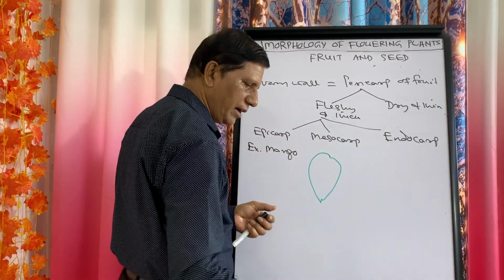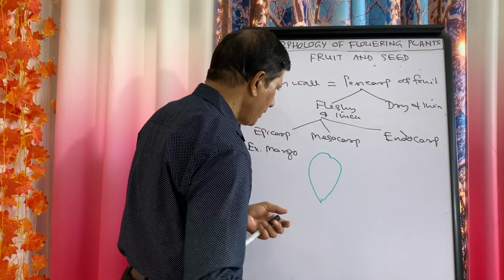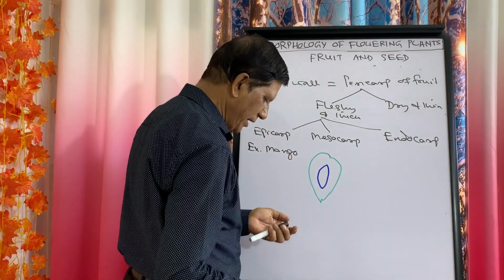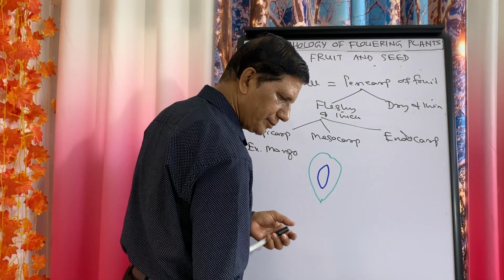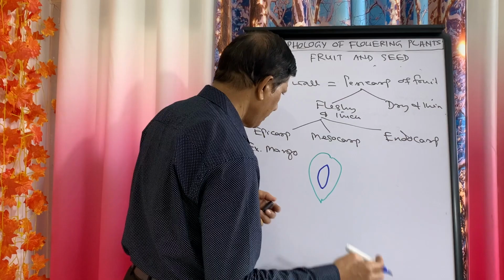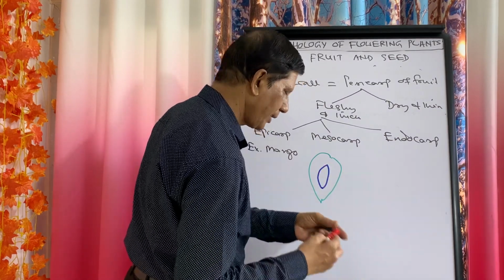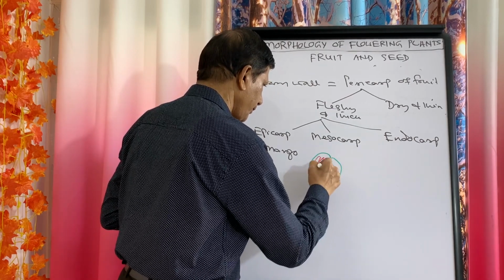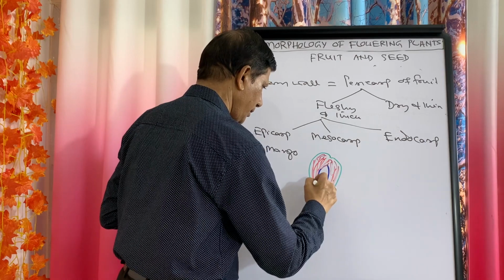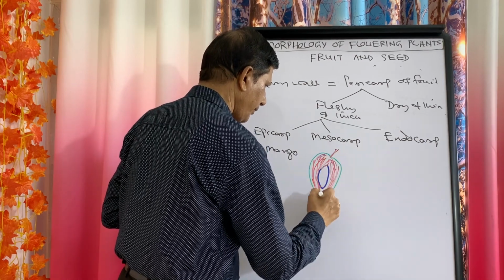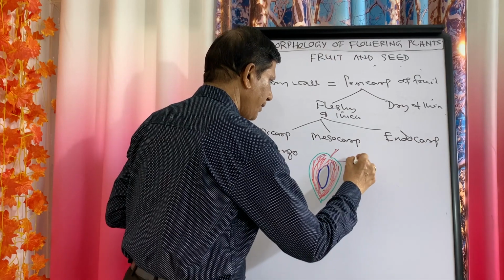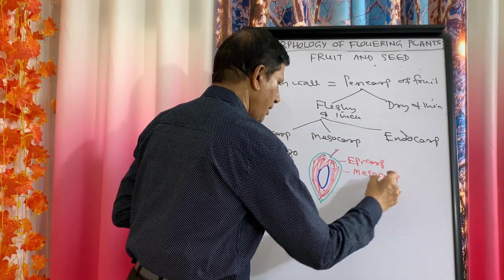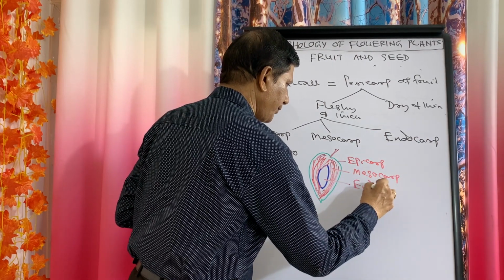Within it, this inner part is endocarp, and the middle part is known as mesocarp. So this is the epicarp, this is the mesocarp, and this is the endocarp.